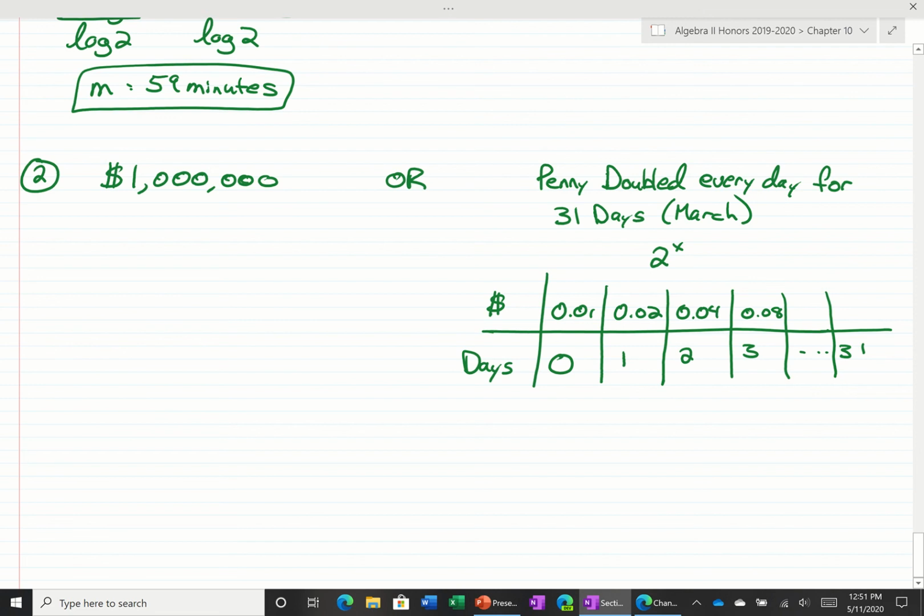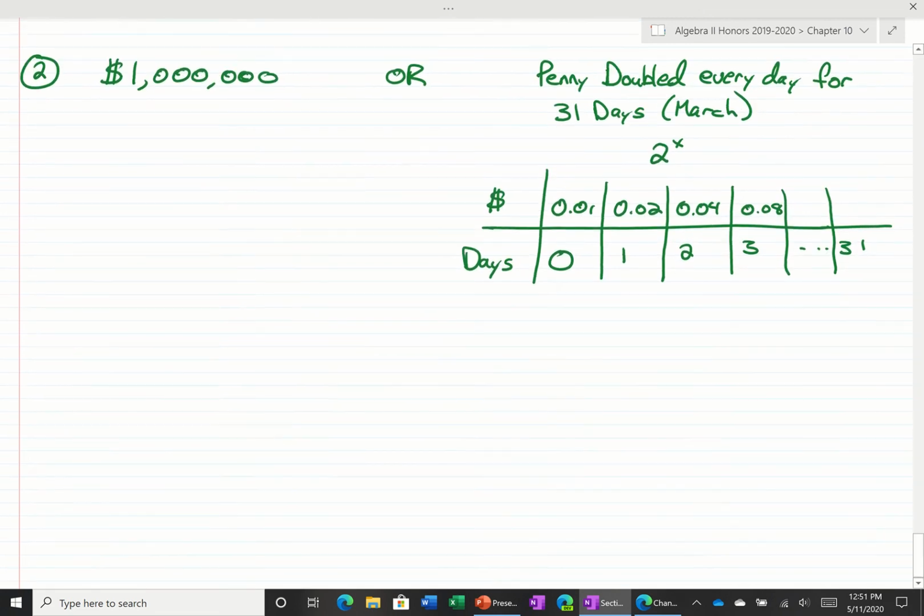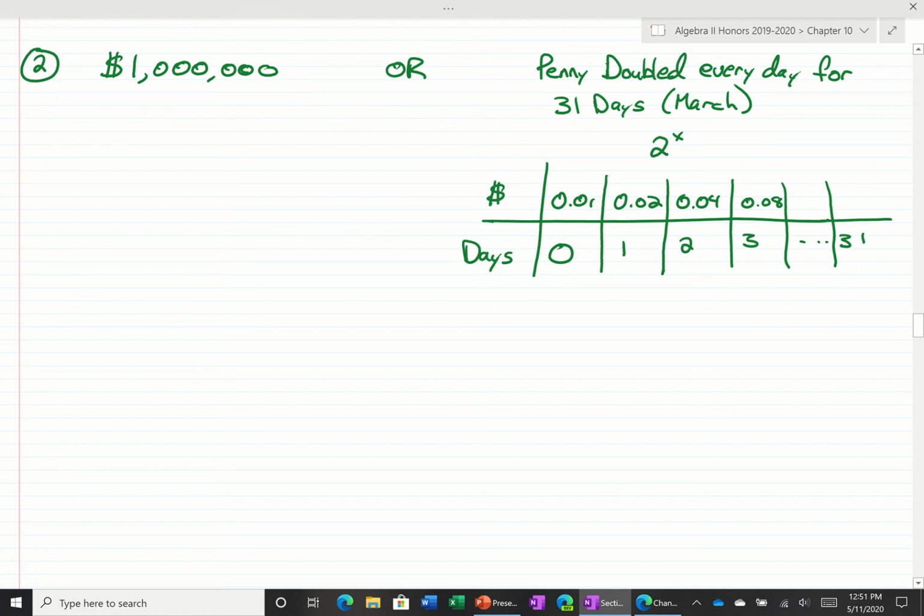Now the question is, would you rather have $1 million or would you rather be patient and wait the 31 days? Well, this is similar to the problem we just did, where the amount of money is equal to something doubling, 2 to the x power, or 2 to the number of days power. But the difference between 1, 2, 4, 8, and 0.01, 0.02, 0.04, 0.08 is we are dealing with a penny here. So this would be the equation that would model this.